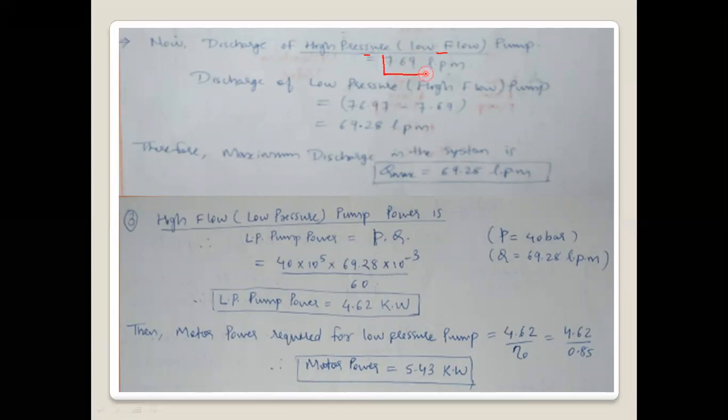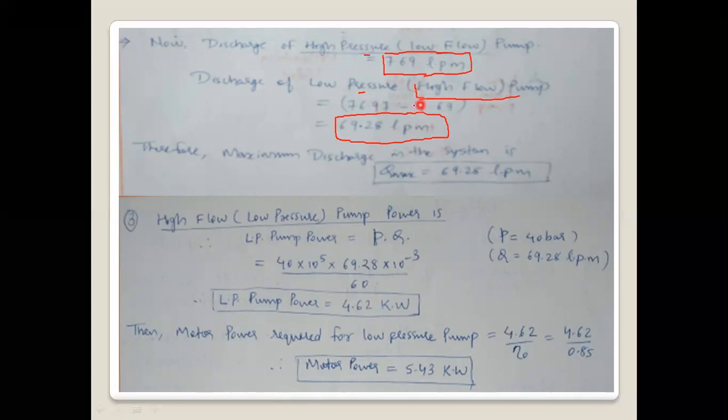So for the low flow pump, it is 7.69 liter per minute. And discharge for low pressure is nothing but the high flow pump. So what I am doing, 76.97 minus 7.69. So this will be the discharge for the low pressure pump, 69.28. That is the high flow.